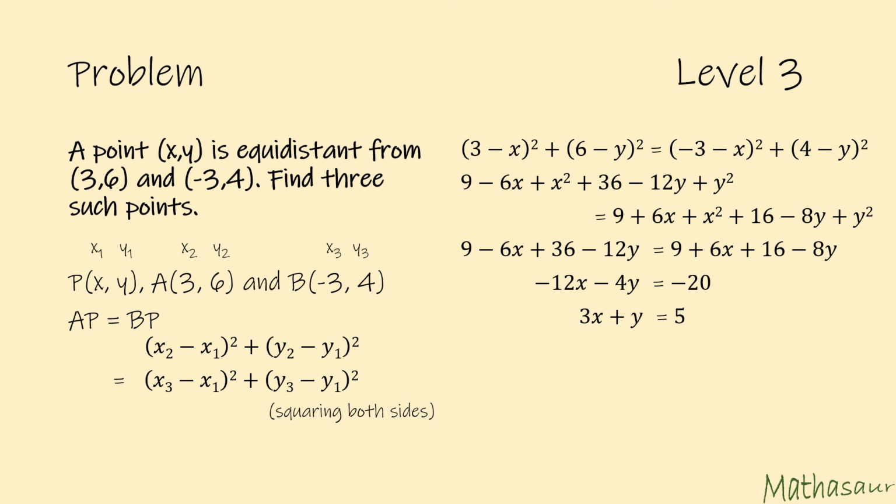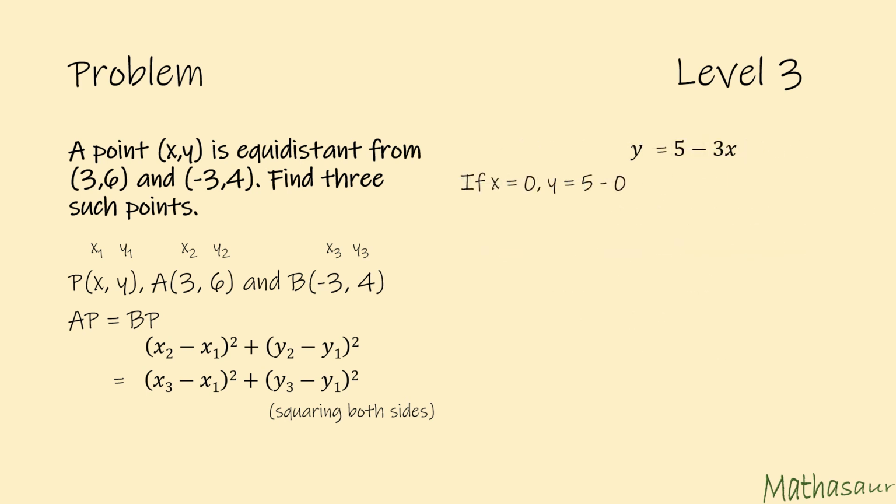Upon simplification, we get an equation in two variables, 3x plus y equals 5 or y equals 5 minus 3x. Now recall that we had to find 3 such points. Let us assume a value for x. If x was 0, I would get y equals 5 from this equation. So 0, 5 would be one such point equidistant from A and B.